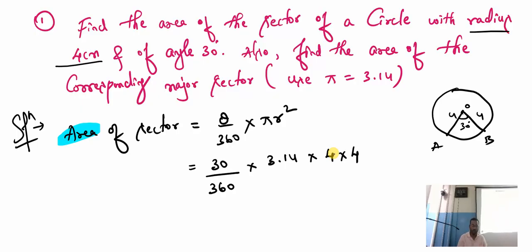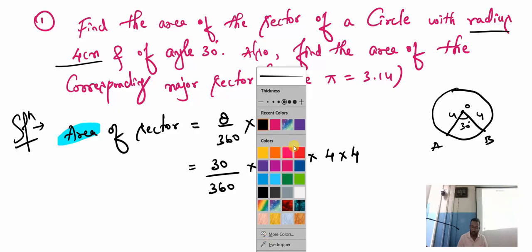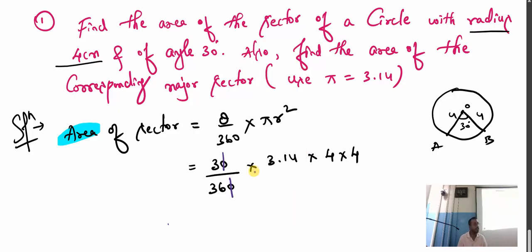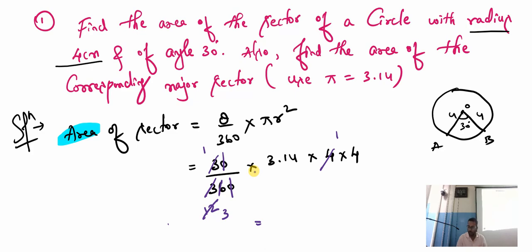Now, this 0 gets cancelled. 3 ones are 3. 3 ones are 3, 3 twos are 6. Then 4 ones are 4, 4 threes are 12. Then left out is 3.14 into 4 divided by 3.